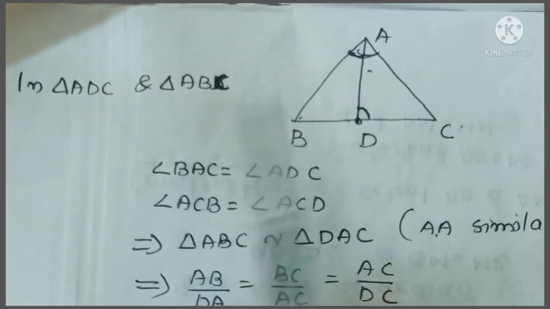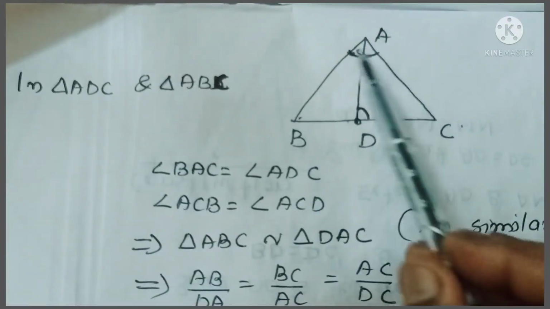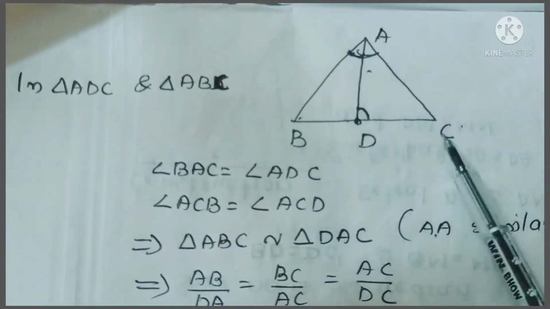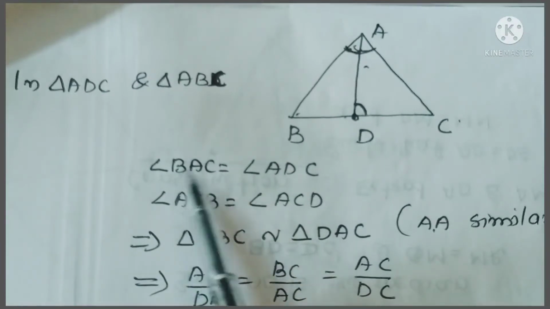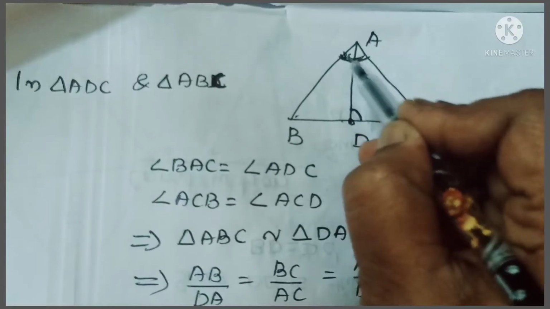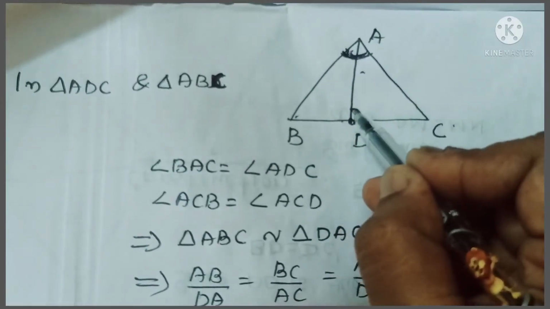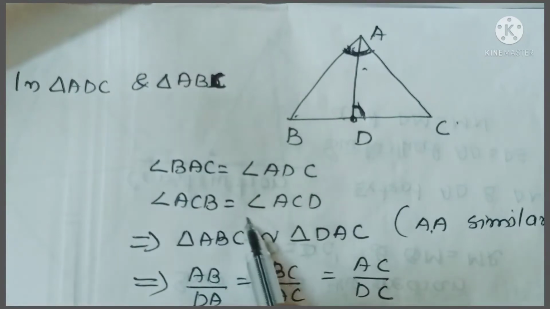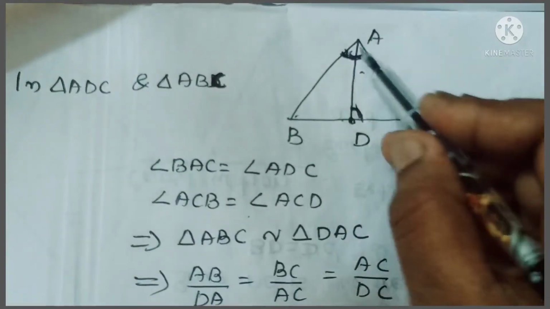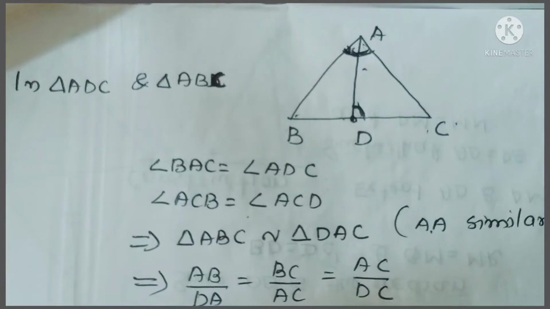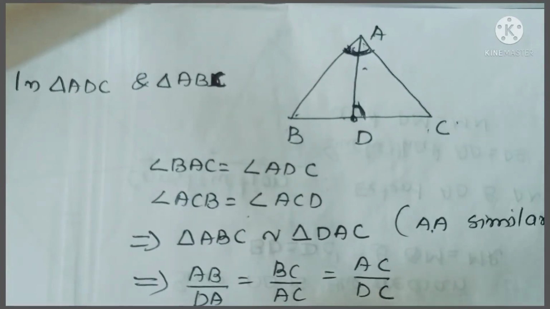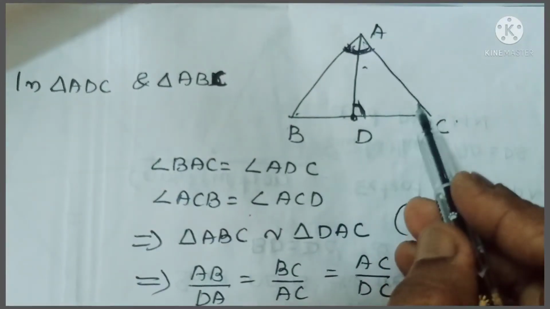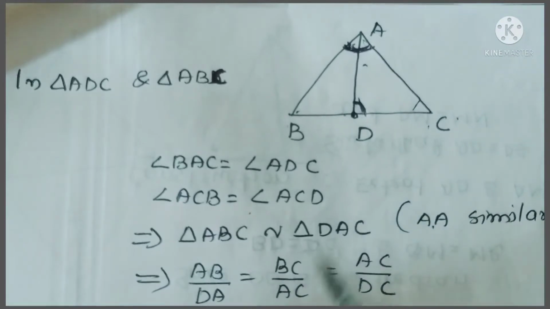Then question number 13. In triangles ADC and ABC, it is given that angle BAC equal to angle ADC. BAC is the angle which is equal to angle ADC. And angle ACB equal to angle ACD, that is, these two angles are common.